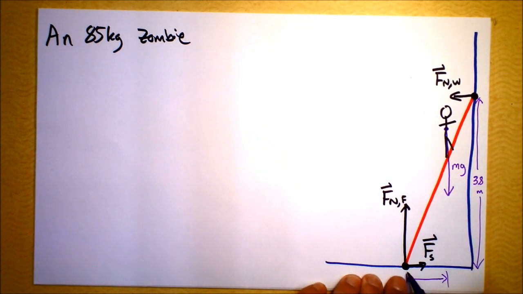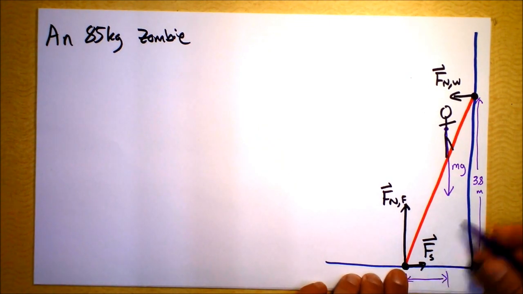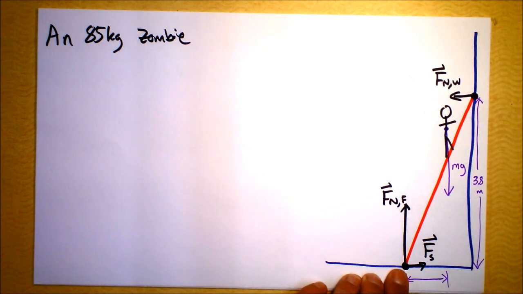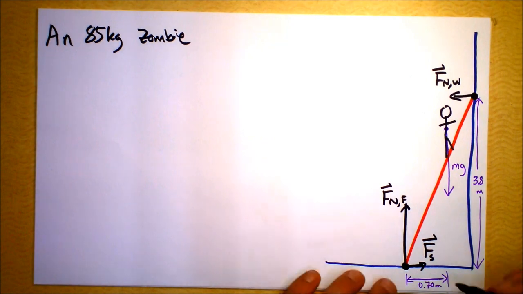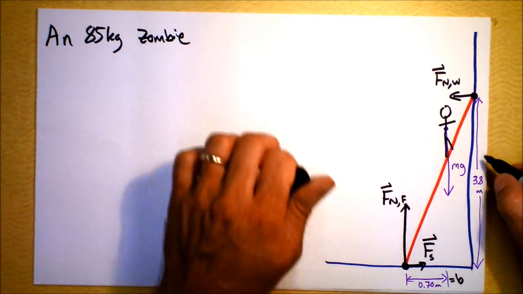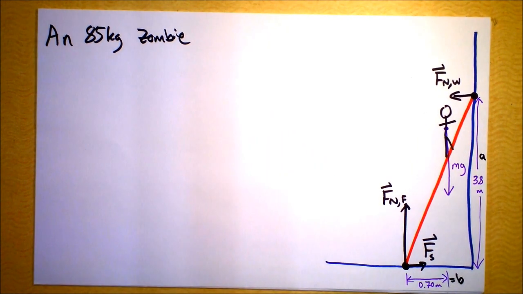This is the distance horizontally between where the ladder hits the ground and where the zombie is actually standing on the ladder looking for brains, 0.70 meters right there. So here's what I'm going to do. I'm going to actually label these distances. This one I think I'll call B, and this one I'll call A, so we don't have to worry with any actual numbers.